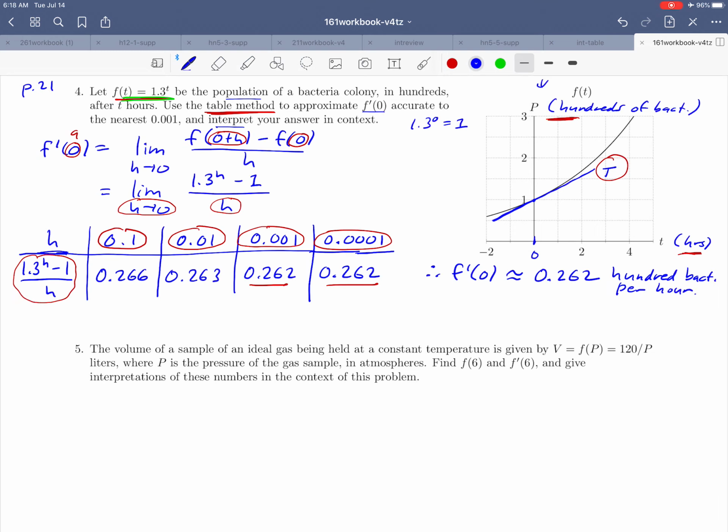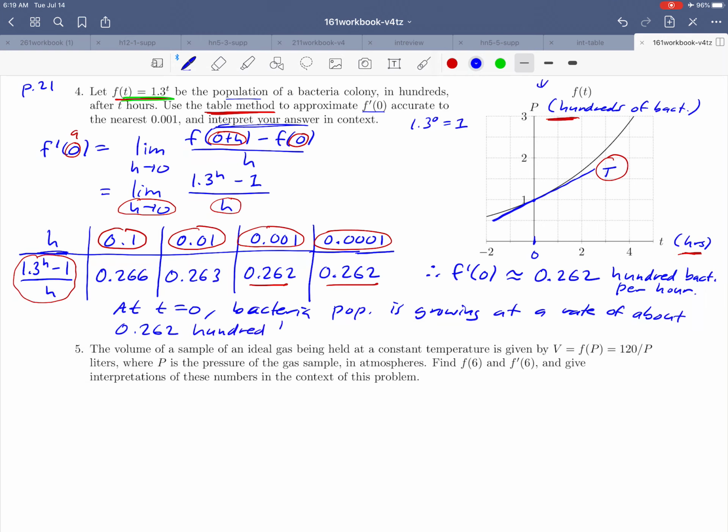Okay, space is a little bit tight here, so I'm going to do my best to sneak an interpretation in here. They wanted an interpretation of our answer here. So we have just measured a growth rate at t equals 0. Our colony is growing at a rate of 0.262 hundred bacteria per hour.